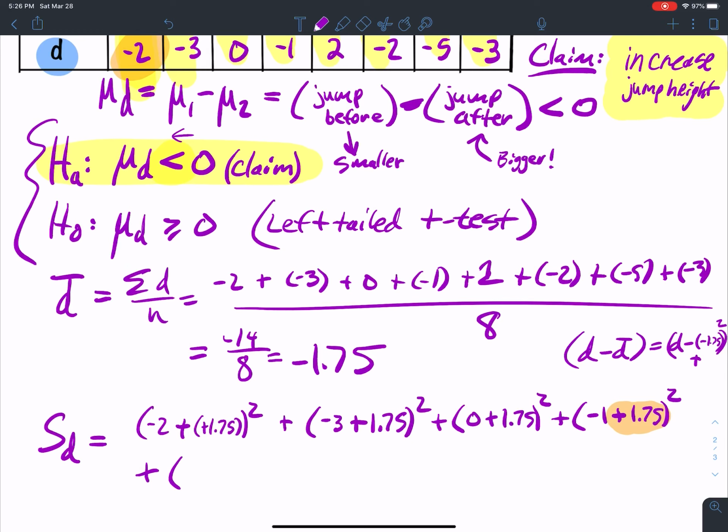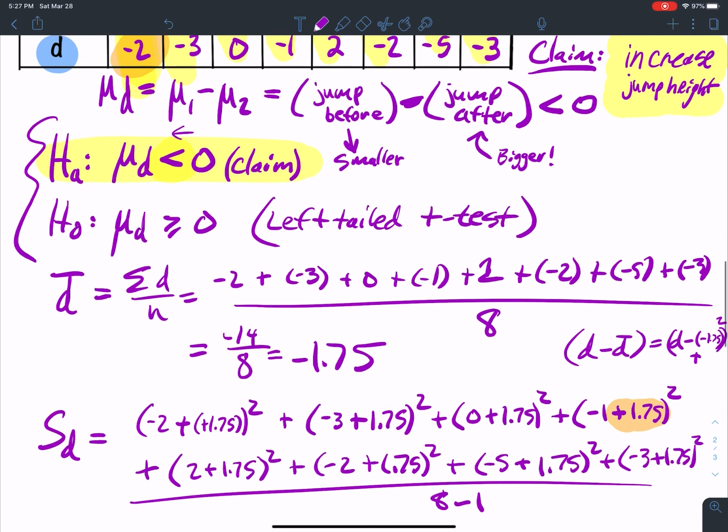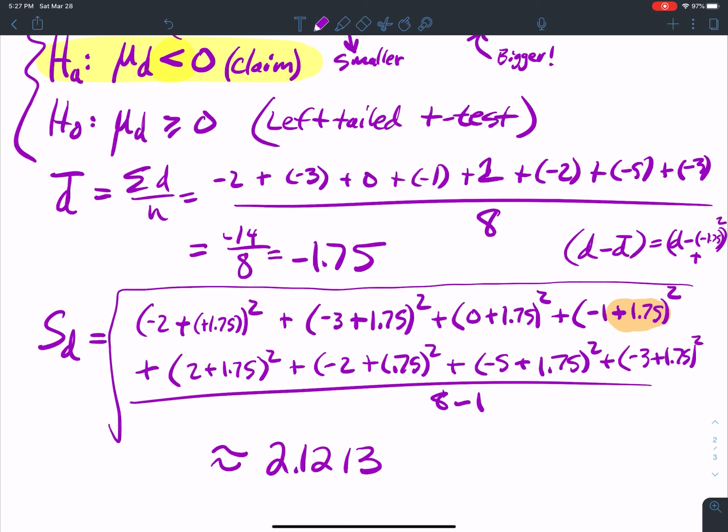And then I have 2 plus 1.75 squared, and then -2 plus 1.75 squared, plus -5 plus 1.75 squared, plus -3 plus 1.75 squared, all divided by 8 minus 1, which is 7. If I take the square root of all of this big nasty stuff, my answer is 2.1213. Okay, 2.1213. Now that is a lot of work, but we can definitely do it.